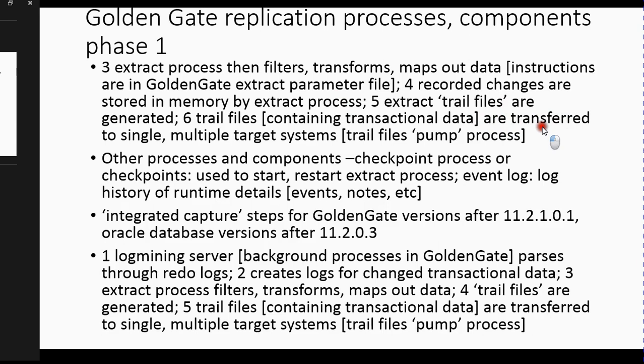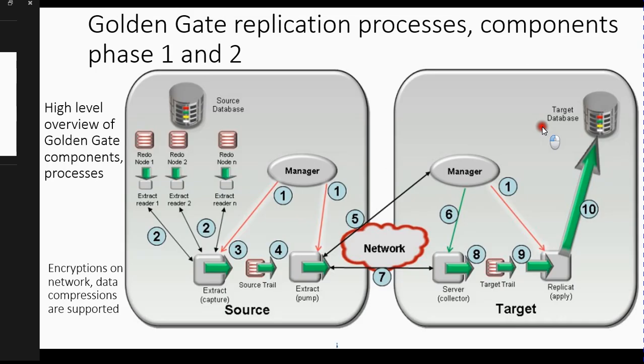The trail file will use the pump process. If you look at the diagram again, the trail files are generated after the extract process keeps some of the details in memory, and then creates the trail files that are forwarded over to the pump process.